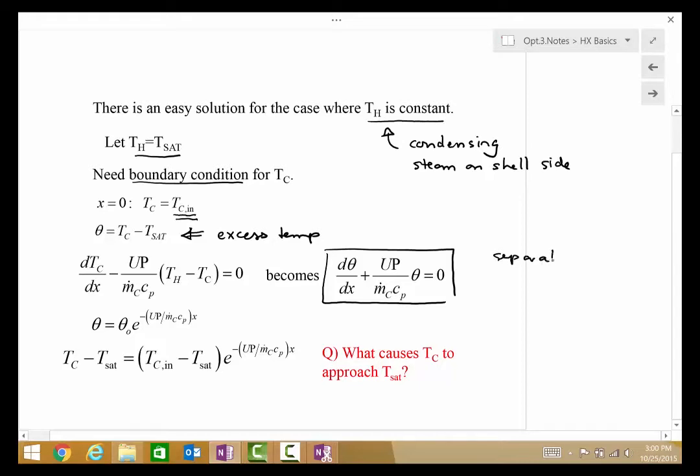You should know how to separate a problem like this. We simply take the minus UP over m dot c theta to the right side, divide by theta, and multiply by dx.